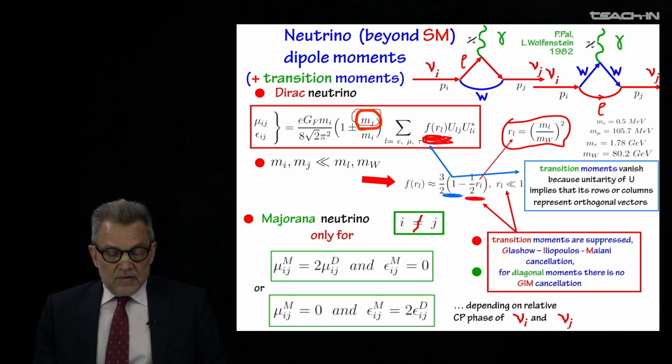Now I would like to recall once again the story about the effective magnetic moment of neutrinos, and the diagonal and transition magnetic moments of neutrinos. For instance, let's consider the easiest generalization of the Standard Model that we should apply when we study non-zero mass neutrinos. Here are typical diagrams that were for the first time considered by Pauli and Wolfenstein in 1982.